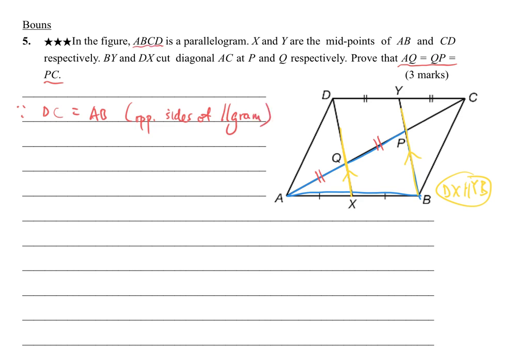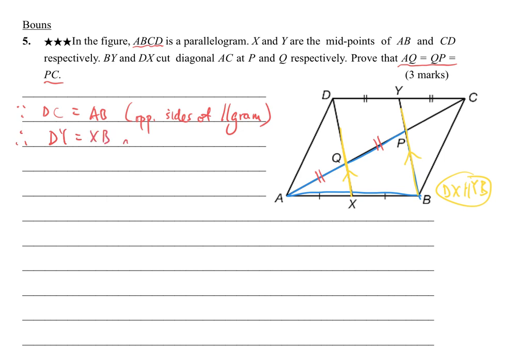We know that ABCD is a parallelogram, so DC equals AB. On the other hand, Y is the midpoint of DC and X is the midpoint of AB. So as a result, we can say that DY is equal to XB.